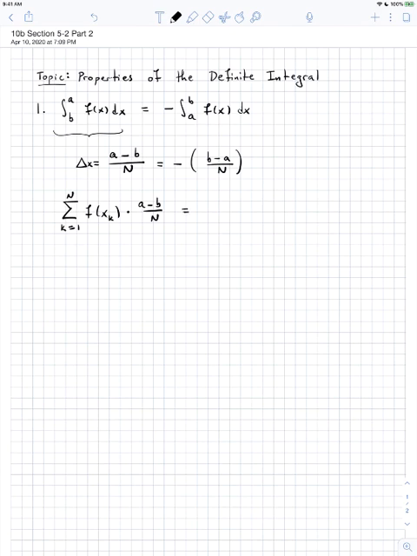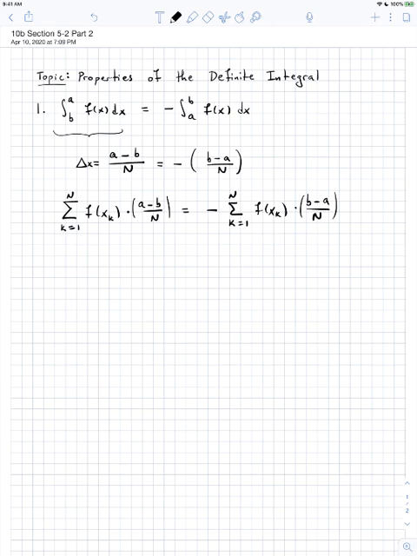And this is equal to the opposite of the sum of k equals 1 to n, f at xk times b minus a over n. It's all because of this a minus b being the opposite of b minus a. That's where this minus sign comes from.